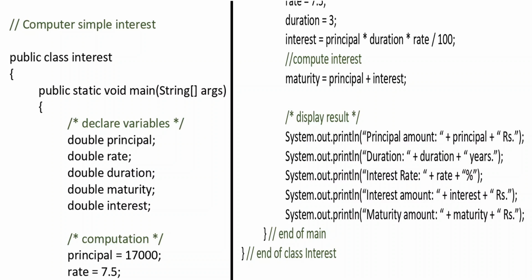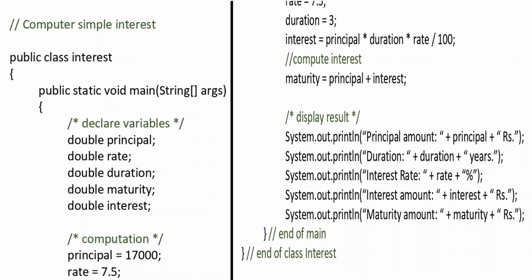We are creating one class, that is interest class, and we are making that class public. So public class interest. Opening curly bracket is the definition starting for interest class. Then the compulsory method, and that is public static void main string square bracket args.